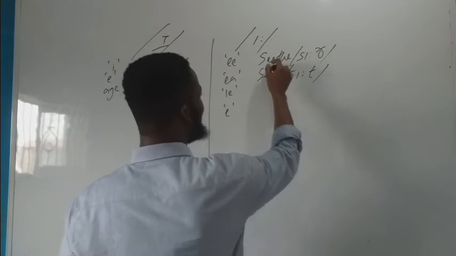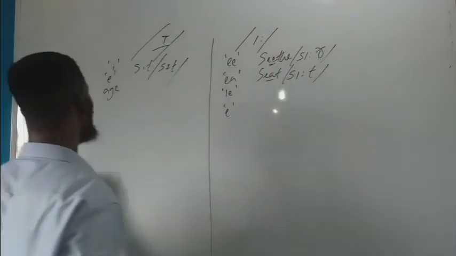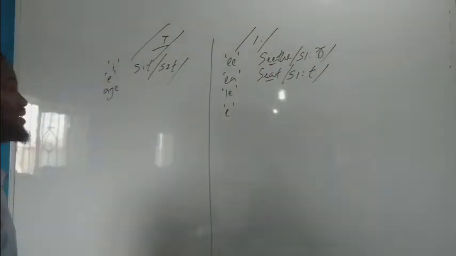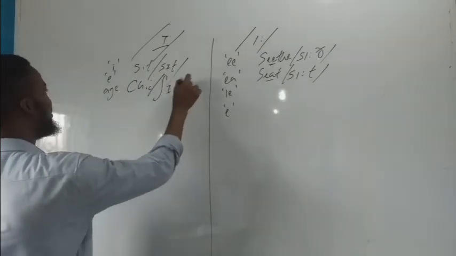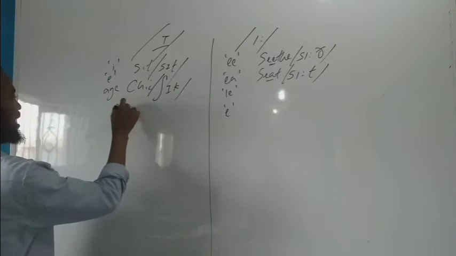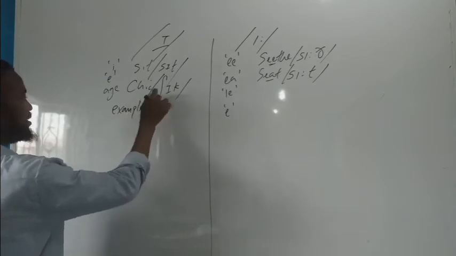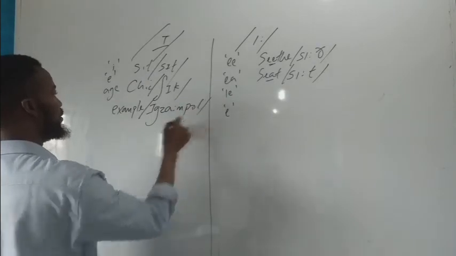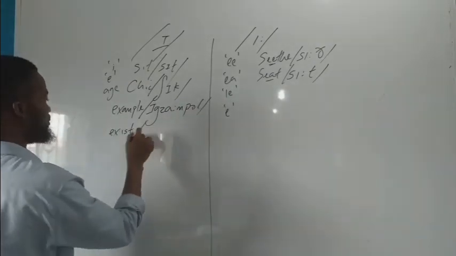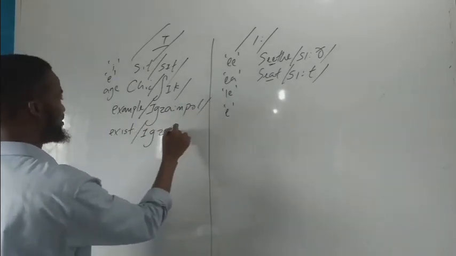So once you have combinations like this, you get the long E sound. Why something like this will give you a short E sound. CHIC is pronounced as sheek, alright? For E, words like EXAMPLE is pronounced as example. Words like EXIST is pronounced as exist, okay?